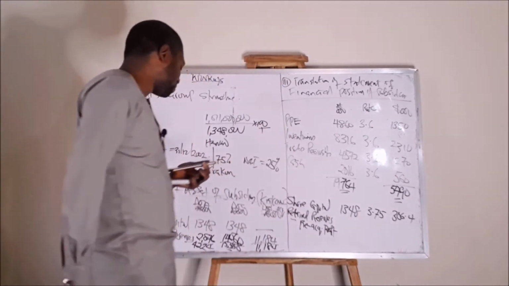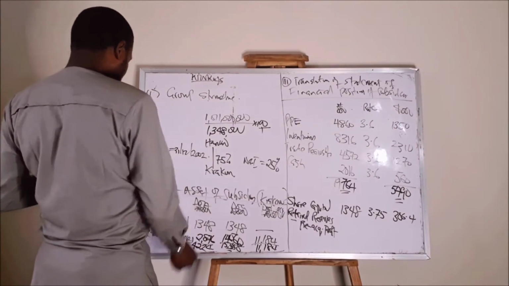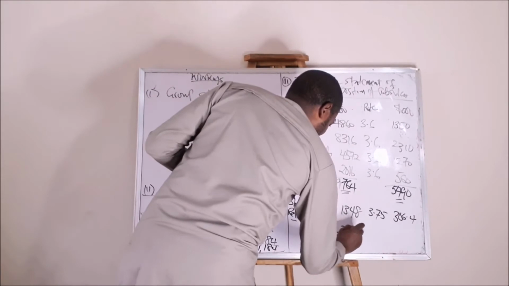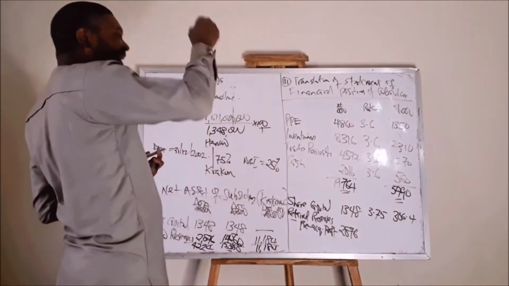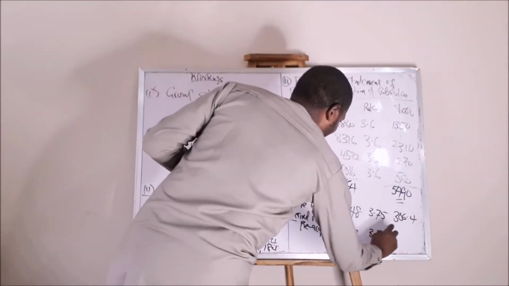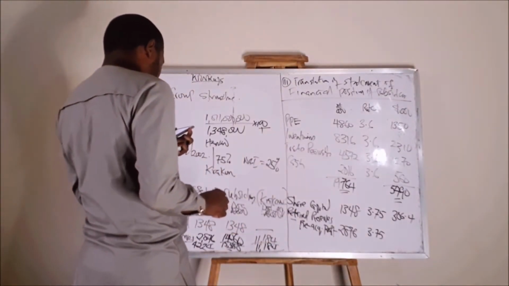Pre-acquisition profit simply means the profit as at the date the subsidiary was acquired. If you look at it here, it is 2876. Which rate? Also use the rate as at the date the subsidiary was acquired, 3.75.